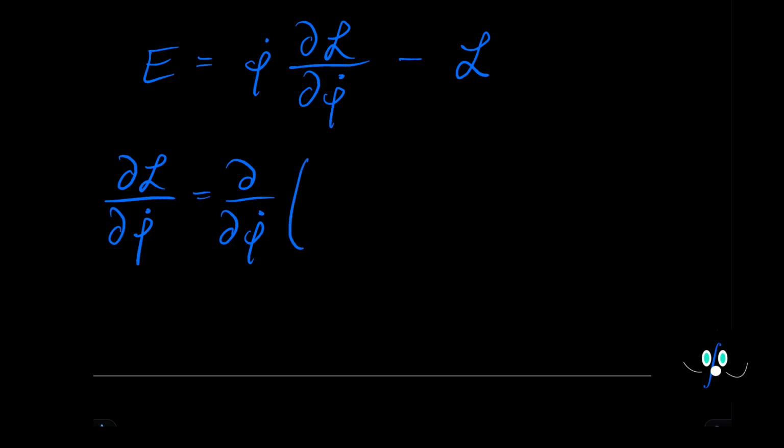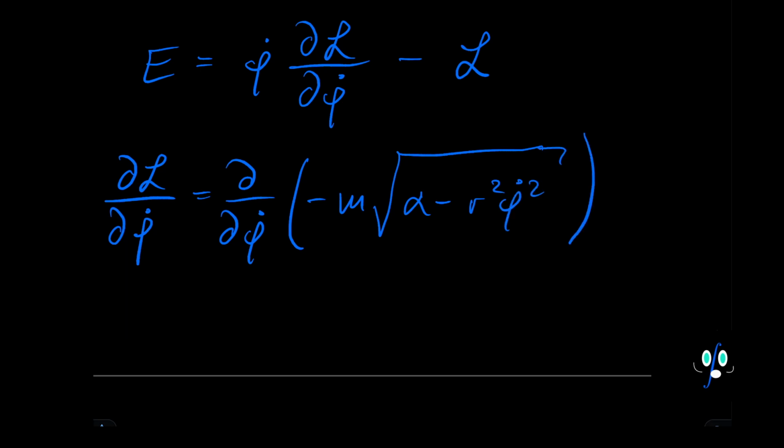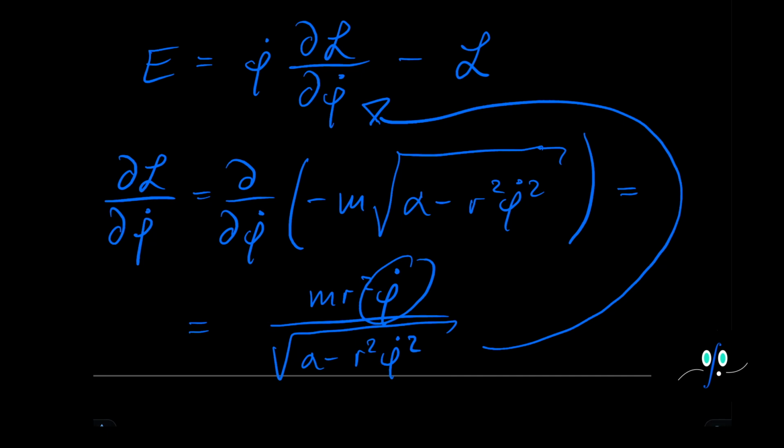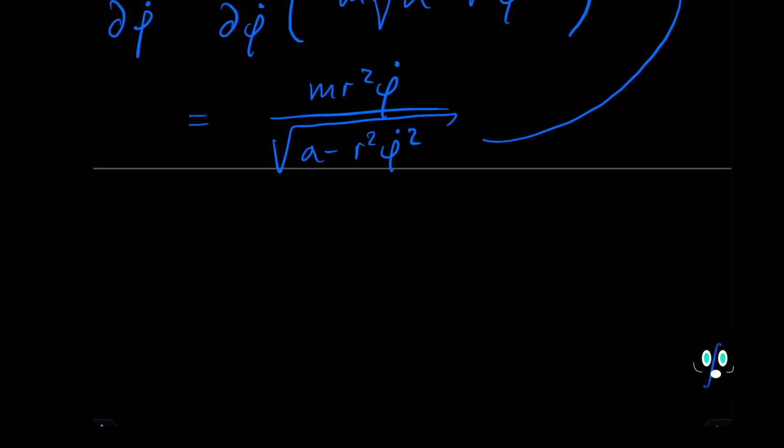And then we plug in the Lagrangian, and the Lagrangian has just been minus m times the square root of alpha minus r squared phi dot squared. So we apply the chain rule, and what we will get is m r squared phi dot divided by the square root of alpha minus r squared phi dot squared. And that we plug in into this part here, so we just multiply the phi dot with another phi dot, so we get phi dot squared.